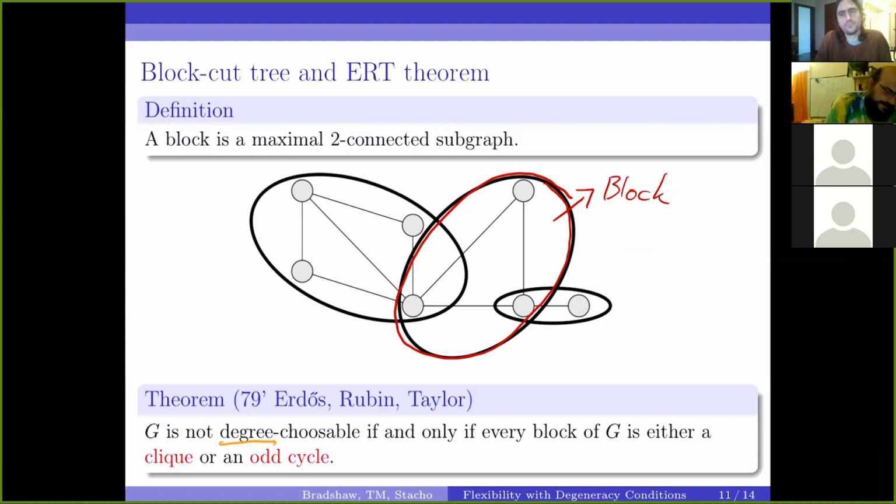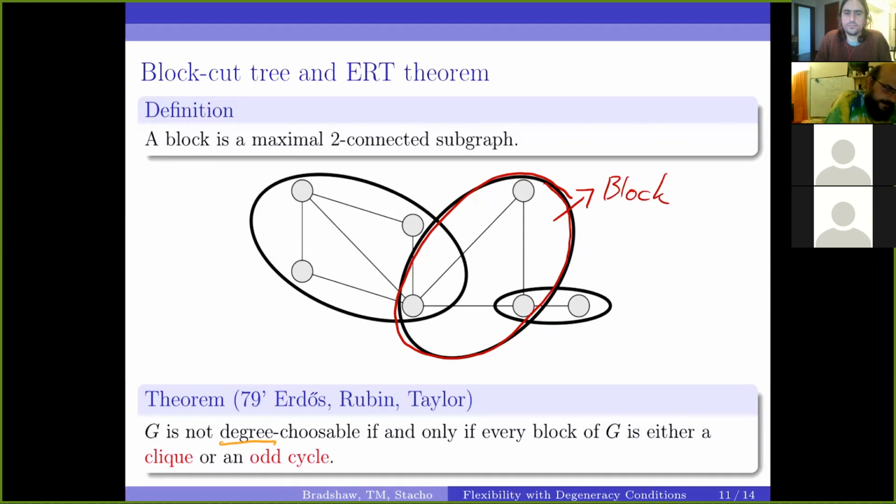So if the list sizes are exactly the degree of the vertex, and for any such assignment we can find a proper list coloring, then the graph is degree choosable. And Erdős, Rubin and Taylor did a very nice characterization using this block-cut tree.